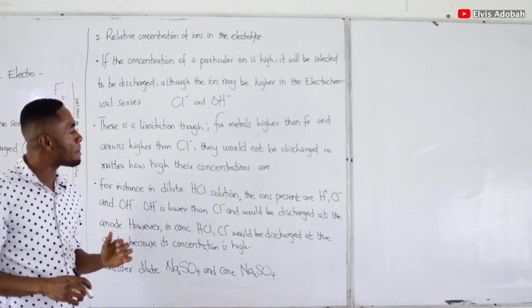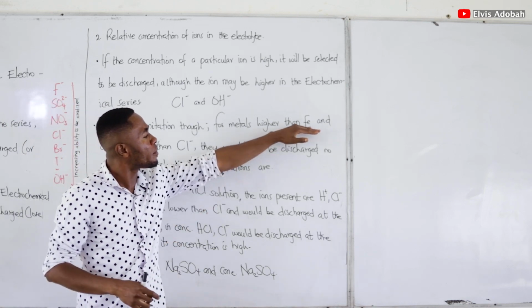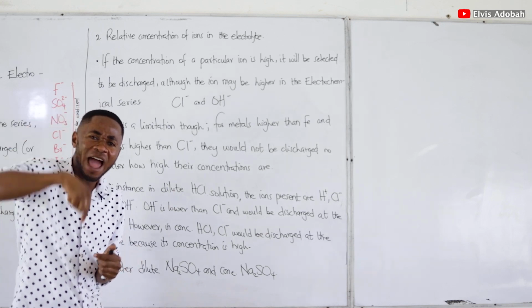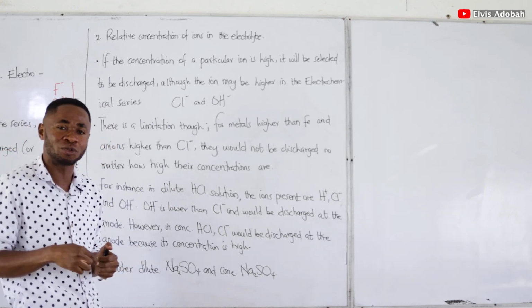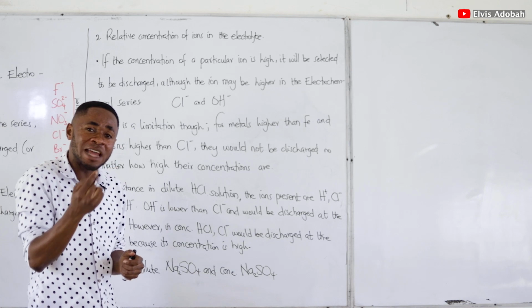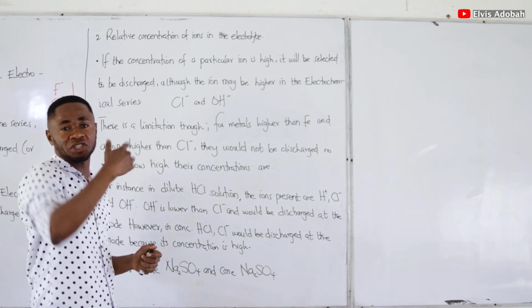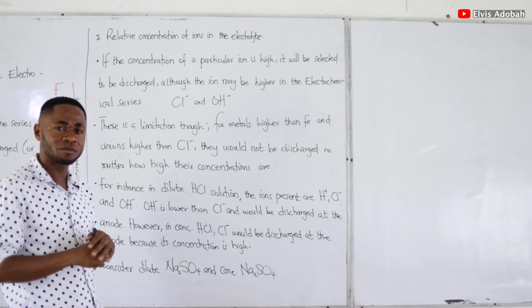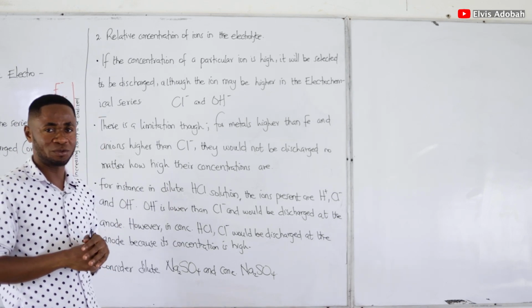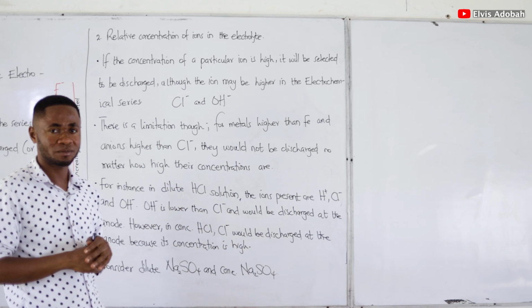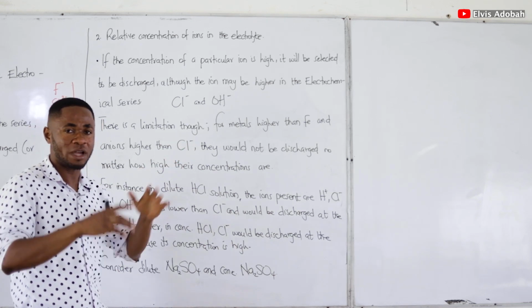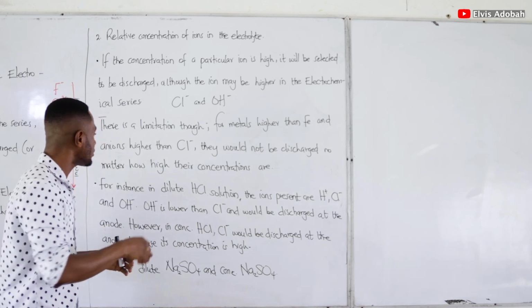But if the metal is from iron coming downwards and it has a high concentration, it is the one that will be selected to be discharged, although it might be a bit above hydrogen in the series. That is what this limitation is talking about. We will look at examples later on, don't worry.